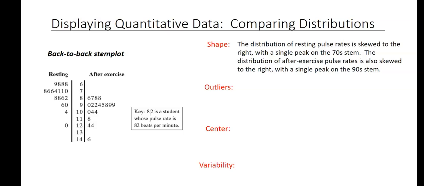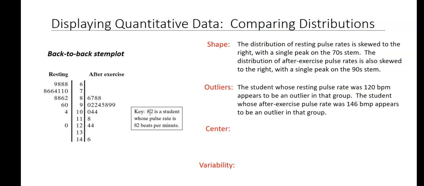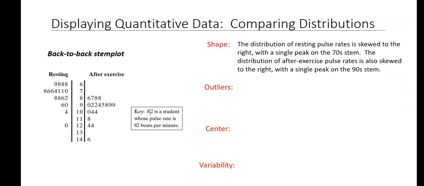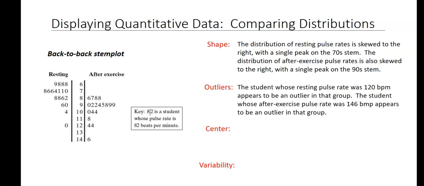You can talk about where the peak is: right about 90 for after exercise, and closer to 75-ish, or in the 70s somewhere, for the other. Outliers: it looks like there's an outlier at 146 for after exercise, and maybe 120 for the other one.